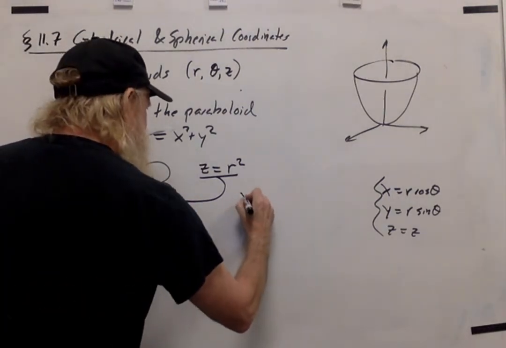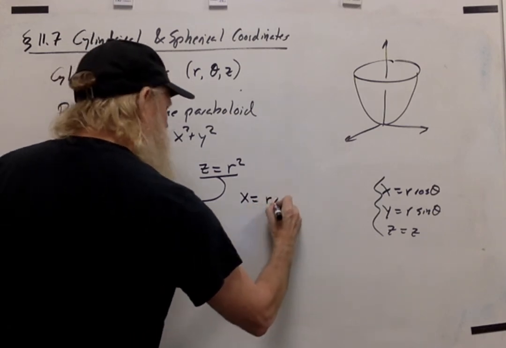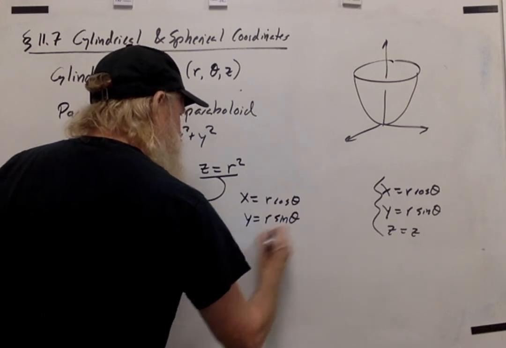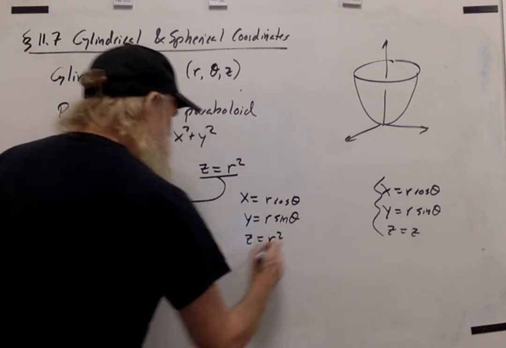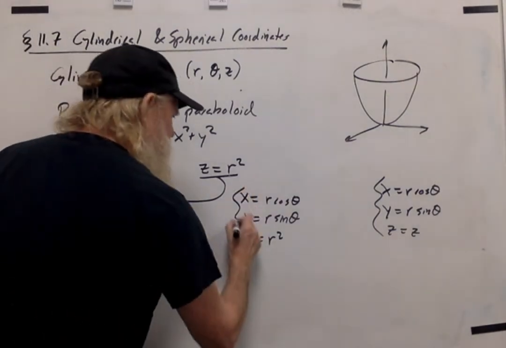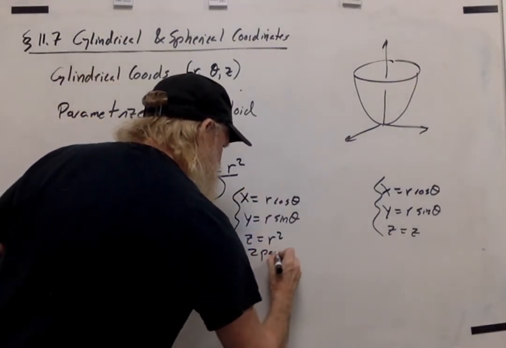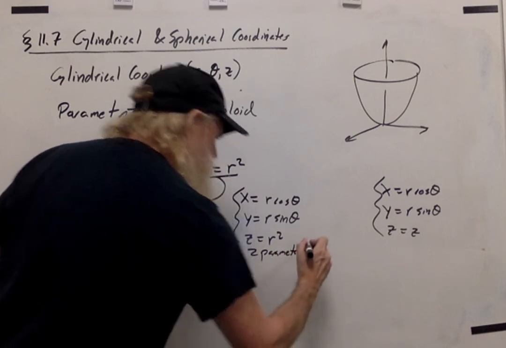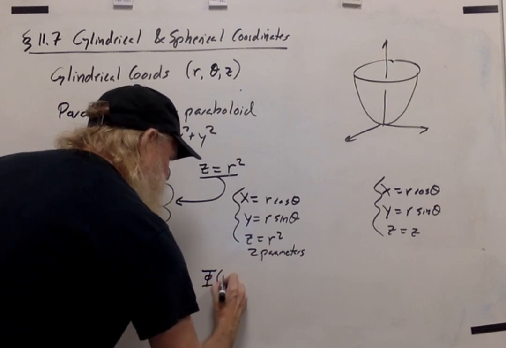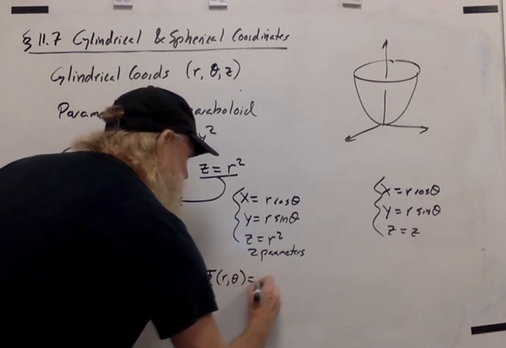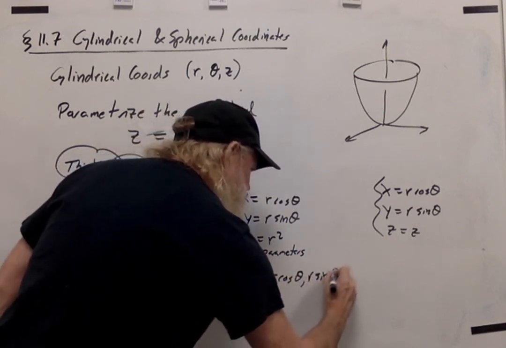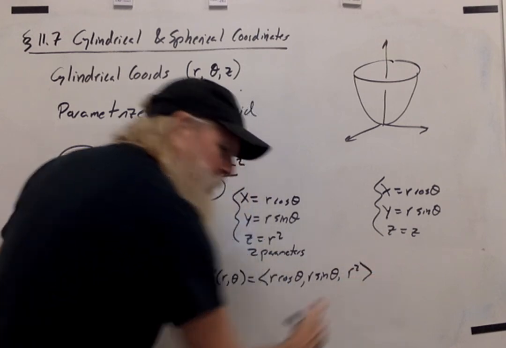That will give us x equals r cosine theta, y equals r sine theta, and z equals r squared. So I'm replacing the z with r squared. And notice now I have 2 parameters, r and theta. So my parameterization is phi of r and theta equals r cosine theta, r sine theta, and r squared.